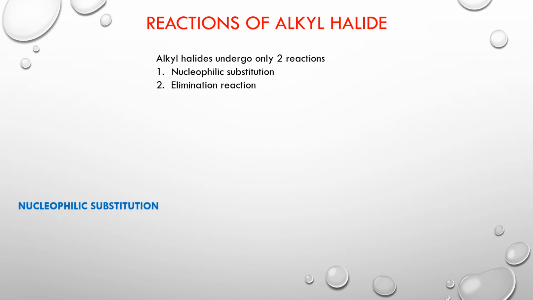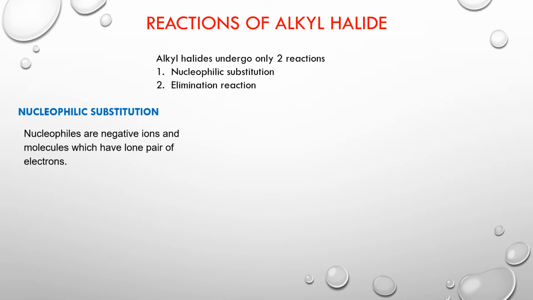Let's look at what a nucleophilic substitution reaction is. In a nucleophilic substitution, we make use of nucleophiles. Nucleophiles are negative ions or anions, or they are molecules which carry a lone pair of electrons. Any of these particles act as a nucleophile.